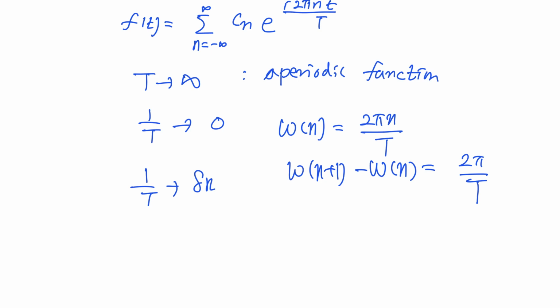Then omega_(n+1) minus omega_n is some delta omega.